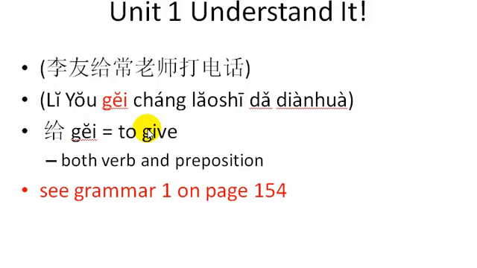Real quick before we do that, to get a more thorough and deeper explanation of how 给 can be used, look at grammar point number 1 on page 154. There are several examples there that you should study closely.